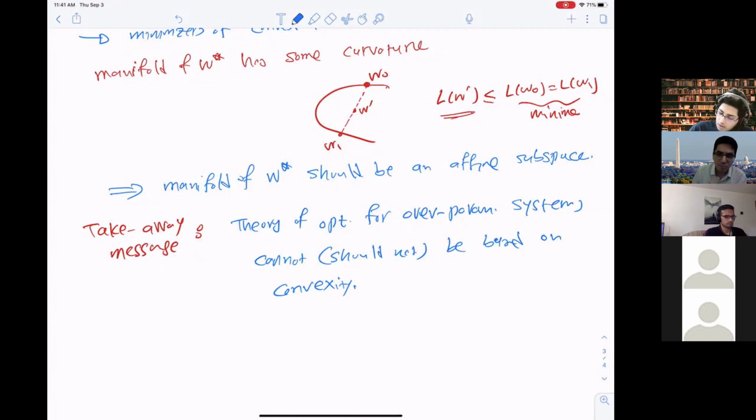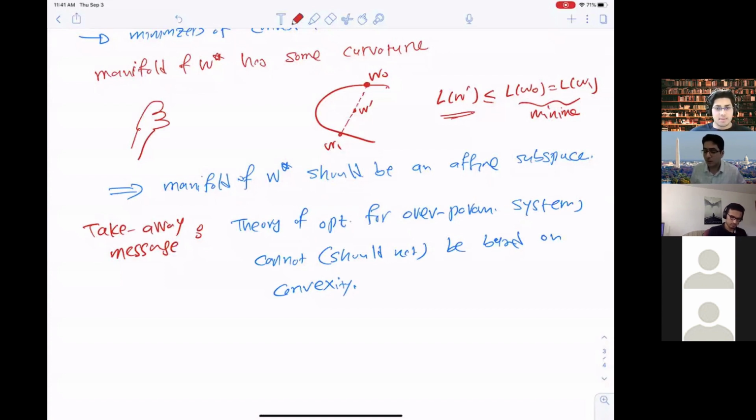Yeah, the question is, is it provable that the neighborhood is not locally convex? Yes, I gave a hand-wavy proof here, but take a look at the paper for more concrete arguments. Eventually, what it says is that we cannot have curvatures.